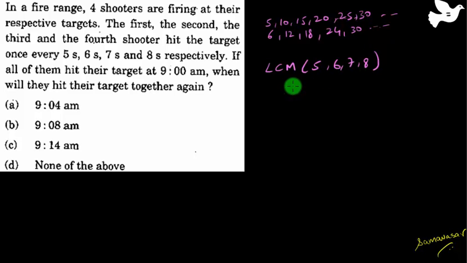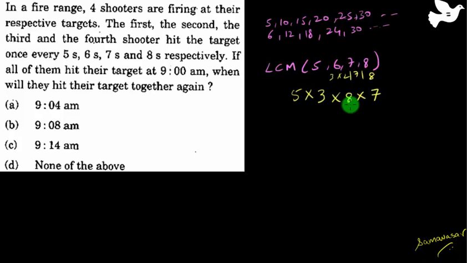And if I try to find that out, as you can see, in my factors, I will have a 5. In 6, this is 3 into 2. This is 7. This is of 2's. This is 8 itself. So in the group of 3's, I will have just 3. In the group of 2's, I'll have 8. In the group of 7's, I'll have 7.